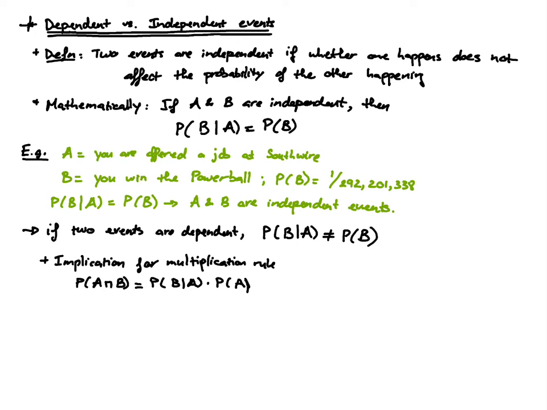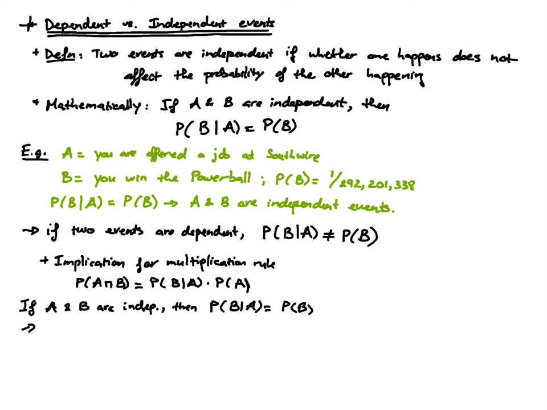If A and B are independent, right, then the probability of B given A is equal to P(B).